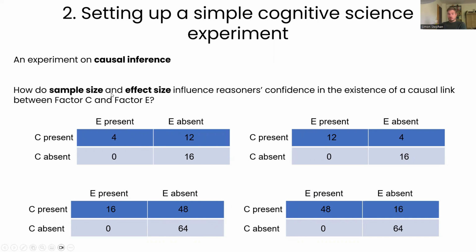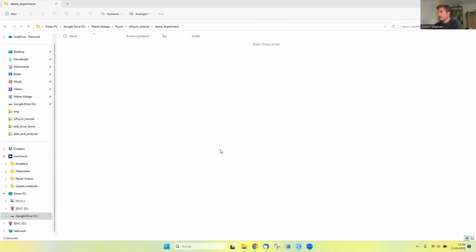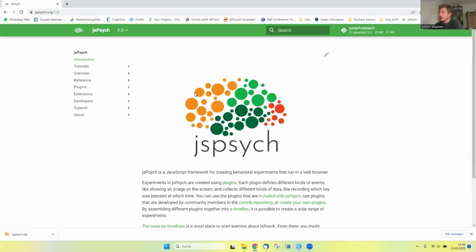So now let's move on to programming this experiment in jsPsych. What I did here is to create an empty folder that I called demo experiment, and this is where I'm going to put all the necessary files. I'm going to start from scratch here. I first go to the website because, as I said, jsPsych is based on plugins, and we need to download the framework.